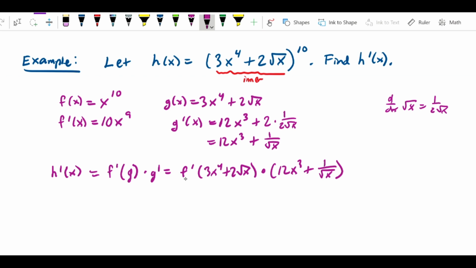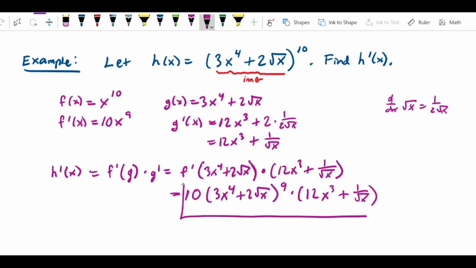And then finally, since we have this f prime, we just need to evaluate that. f prime is 10x to the ninth, so anything that's inside these parentheses, that's what I'm going to replace x with. This becomes 10 times (3x to the fourth plus 2 root x) to the ninth times, oops, not 2x, 12x cubed plus 1 over root x. And that is the derivative of that function.